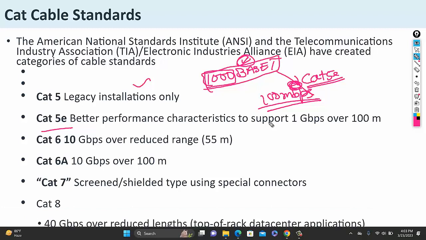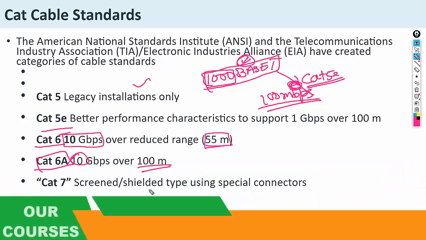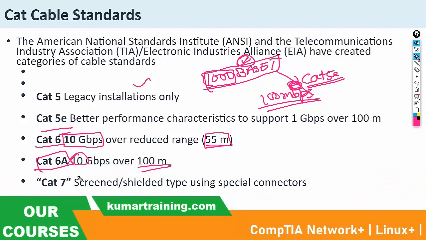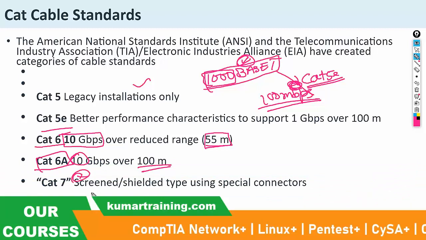Similarly, CAT 6 can handle 10 Gbps but only over 55 meters. If you want 100 meters at the same speed, you will have to use CAT 6A. CAT 7 is mostly not used, but in some cases it is.